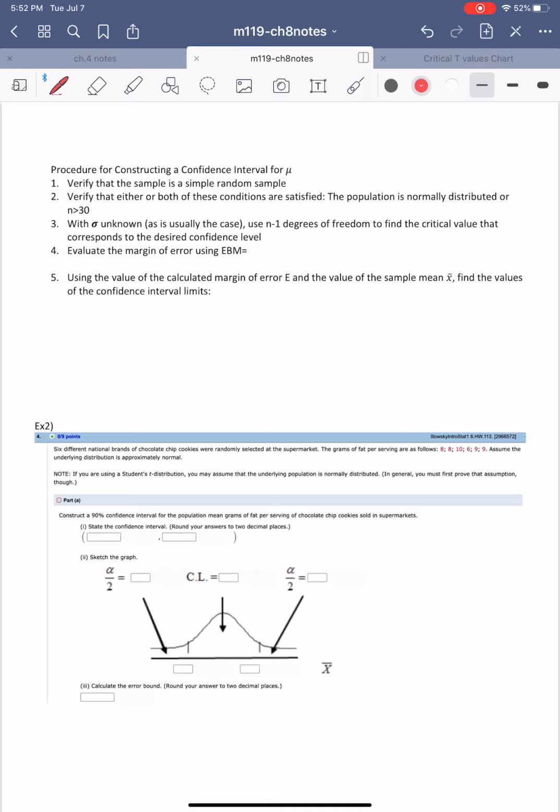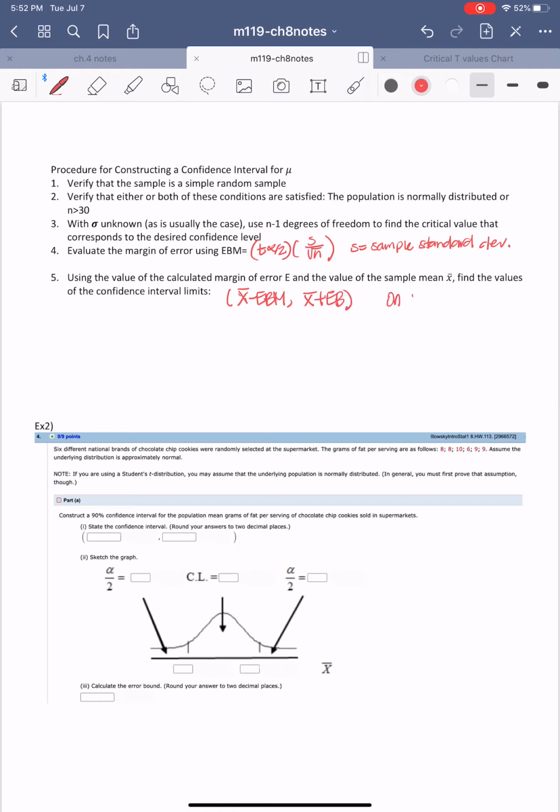EBM, the margin of error is, because it's a t-distribution, don't use z alpha over 2. You have t alpha over 2, and then you have s over square root of n. S is the sample standard deviation. And then to build that, you're going to have x-bar minus EBM, x-bar plus EBM.